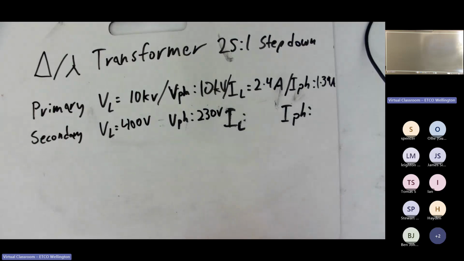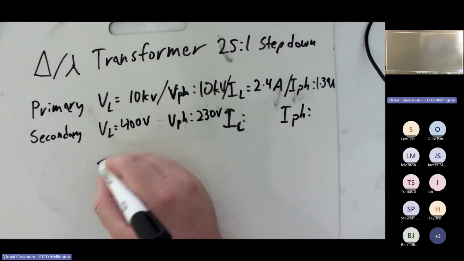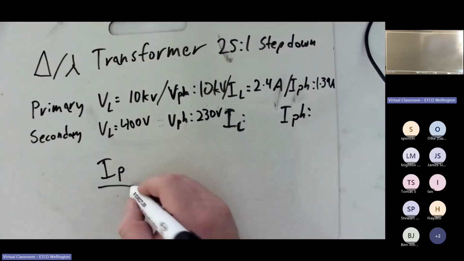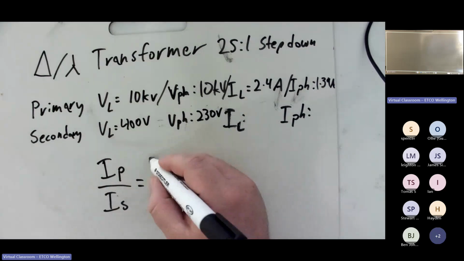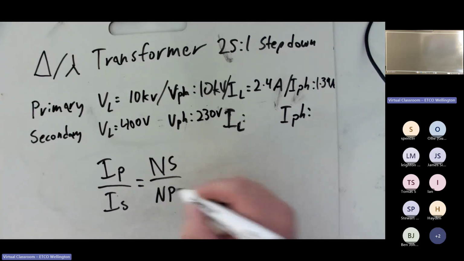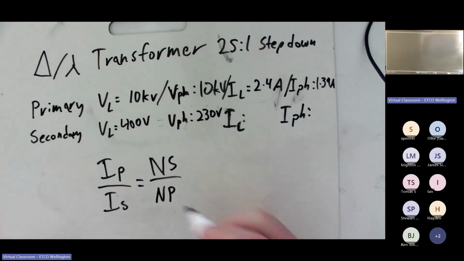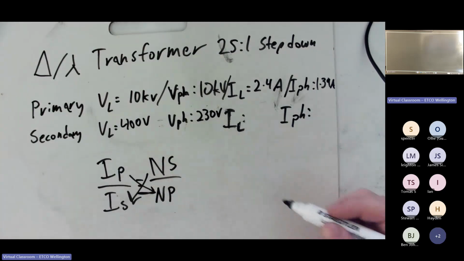Cool, so now we need to work out our I line. So we know our I primary over I secondary is equivalent to NS over NP because it's an inverse relationship. And then of course we need to cross multiply.